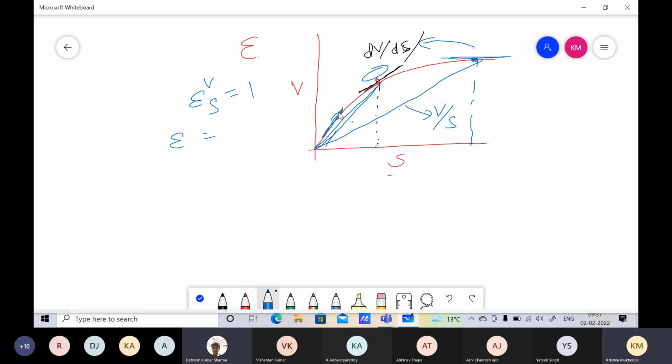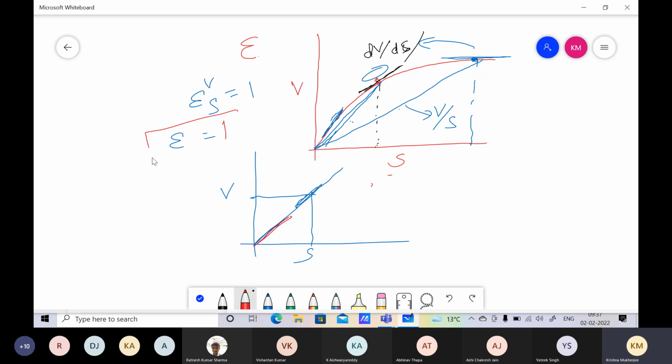For a first order reaction, this is V versus S. And obviously the tangent at any point and the V by S at any point will be exactly the same. So both will be equal, and therefore E will be equal to 1. Right?